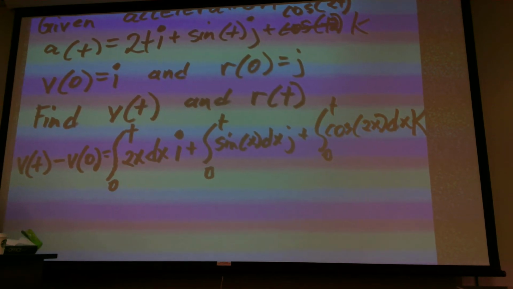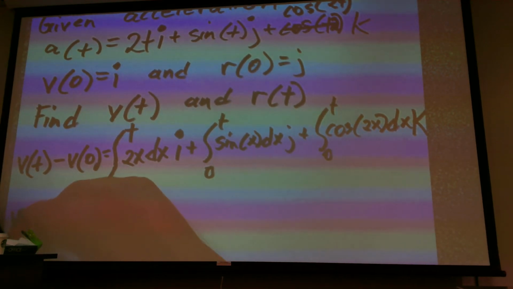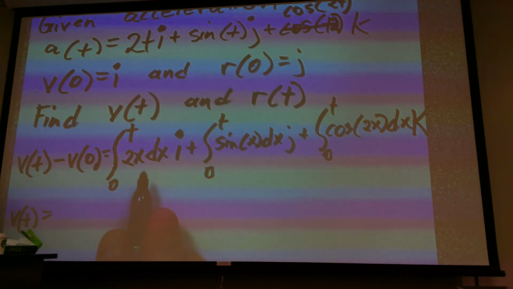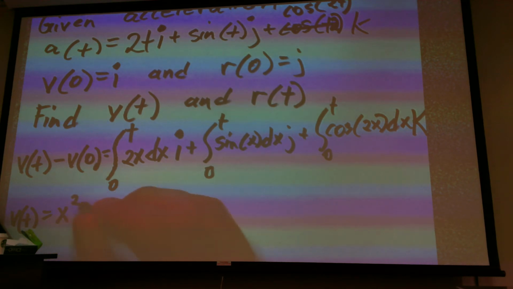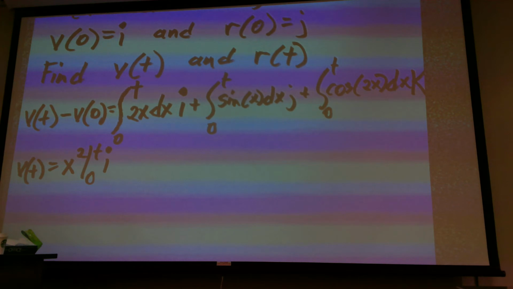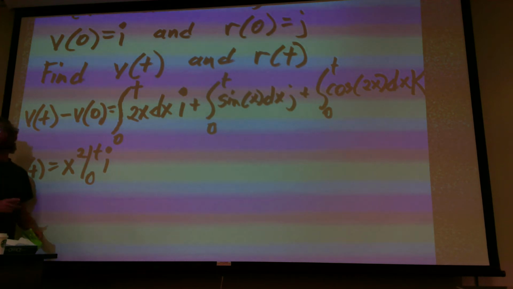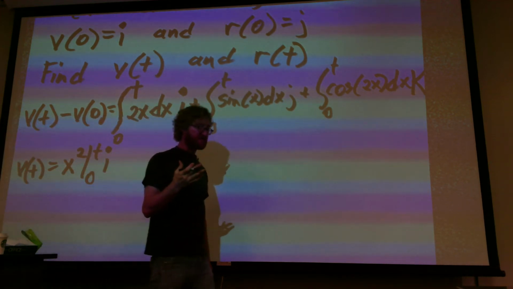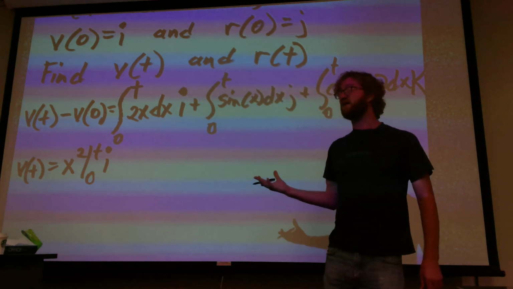Okay, so now if I integrate 2x, well, if I integrate just x, that becomes x squared divided by 2. So that would just be x squared evaluated at 0 and t, times i. And remember, when you integrate sine of x, this is backwards from the derivatives, and it inserts an extra minus sign into the problem.